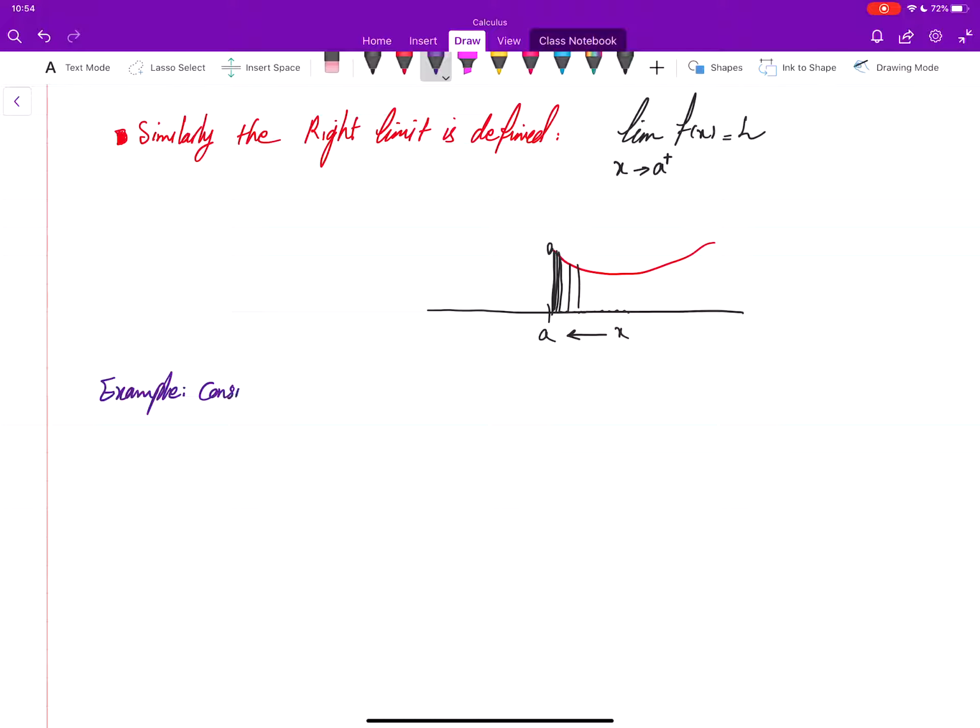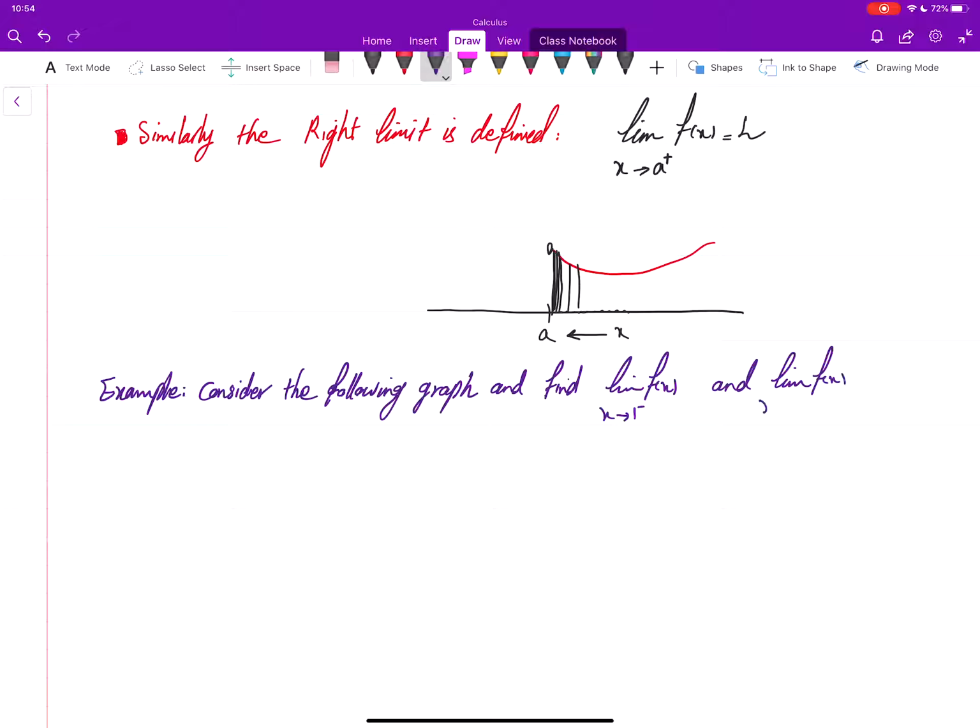Consider the following graph, and find the limit of f of x as x goes to 1 from the left, and the limit of f as x approaches 1 from the right.